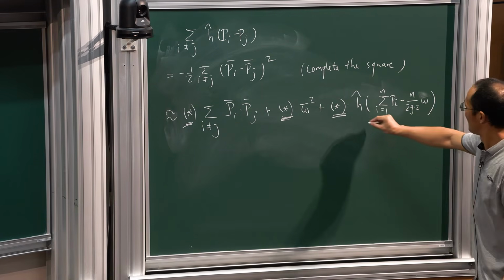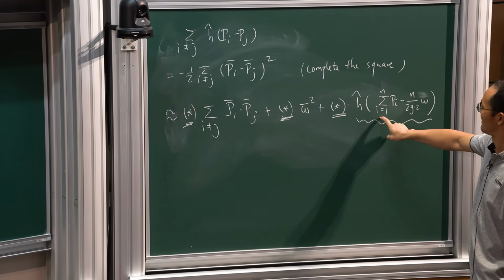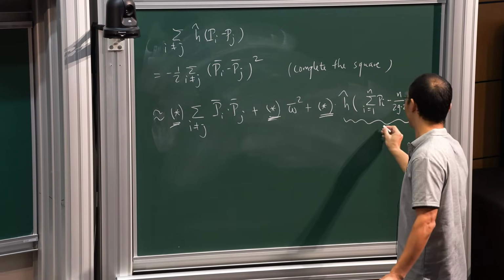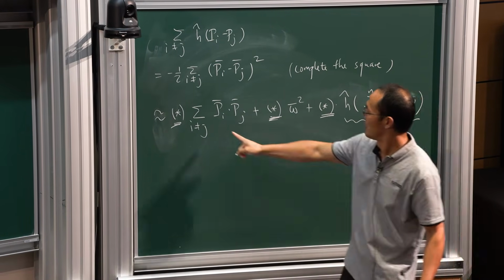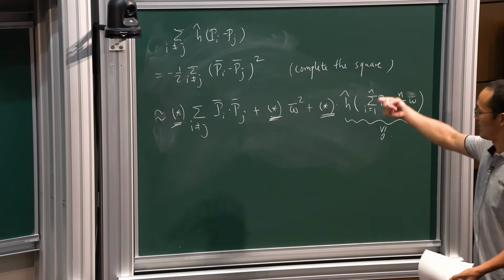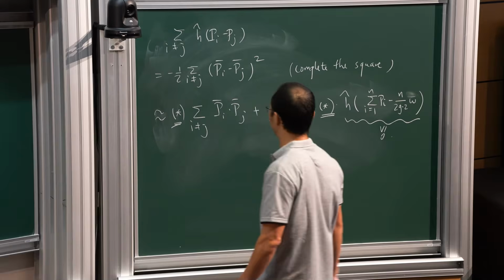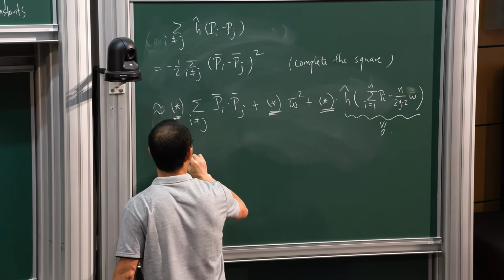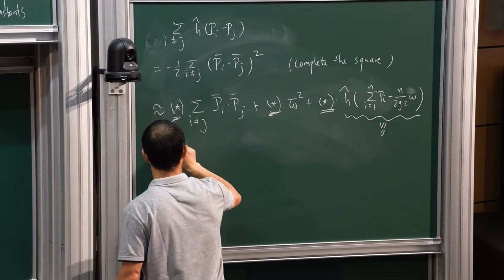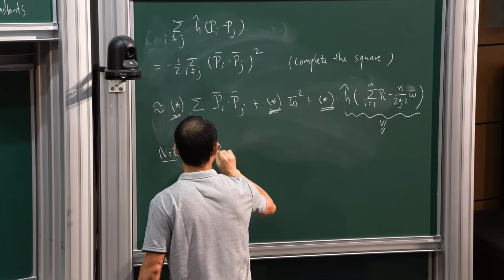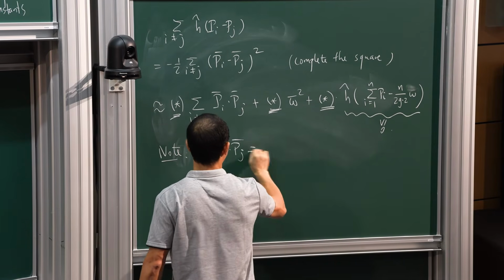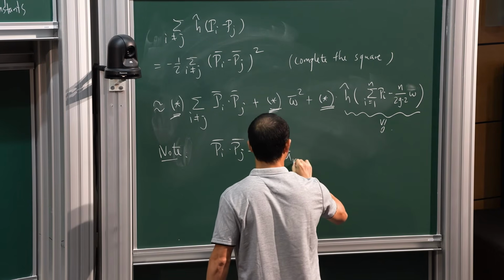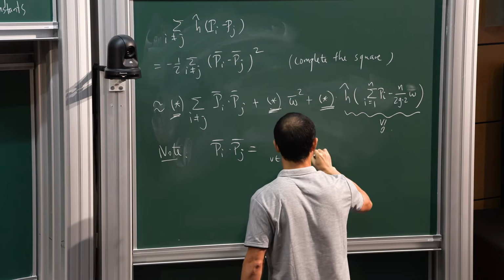Now this is already non-negative, so we want a lower bound. This is already okay, good. And now we want to bound these two together. Note this summation of Pi dot Pj, with i not equal to j, is going to be a summation of all the Green's functions at all places.